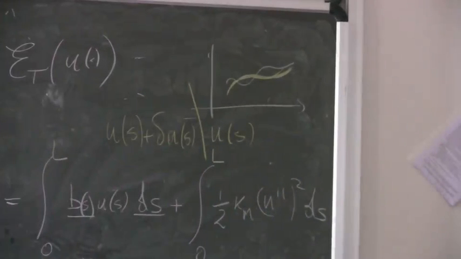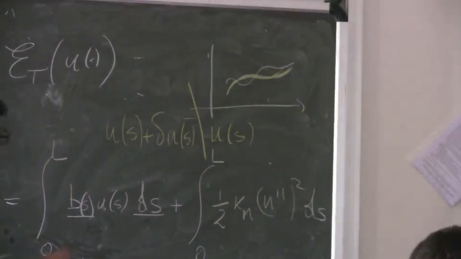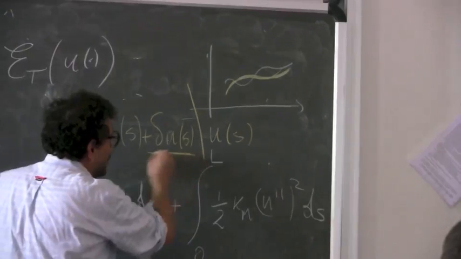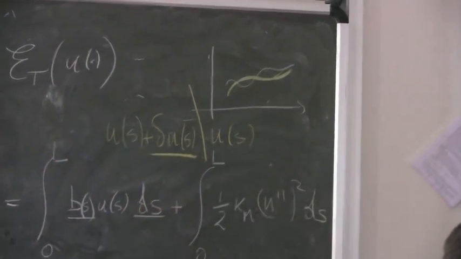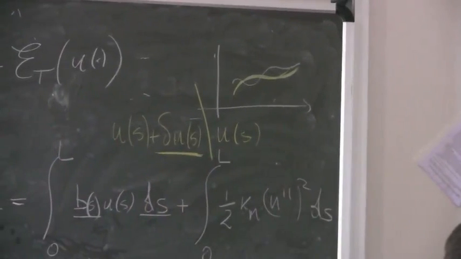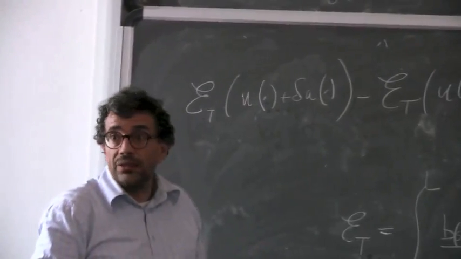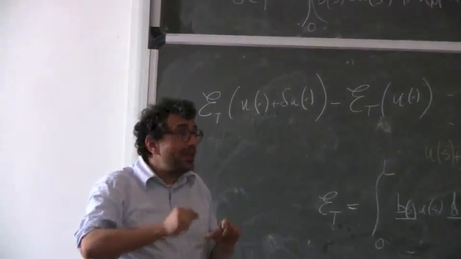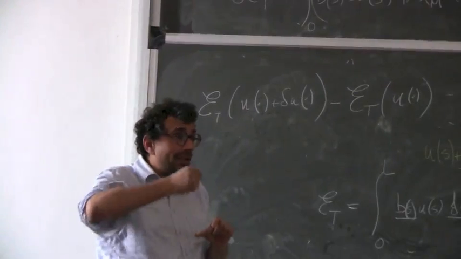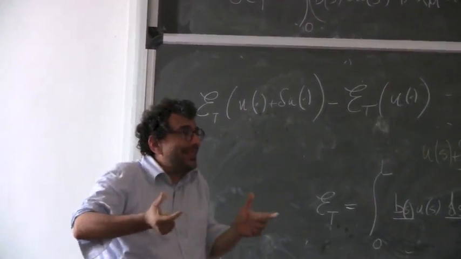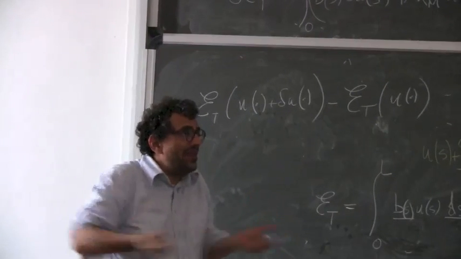Okay. This delta u s is arbitrary, and you change delta u s everywhere in your interval. So when you consider a delta u s, its second derivative is given.